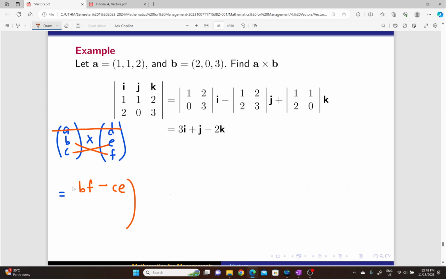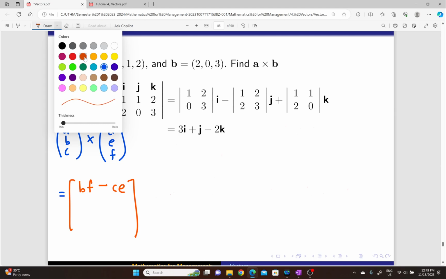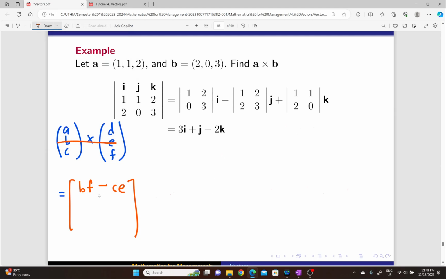For the next number, you cross this, but a little bit different. You put a minus here, and then AF. Let me just double check. Hold on.